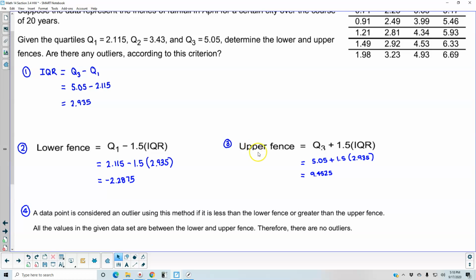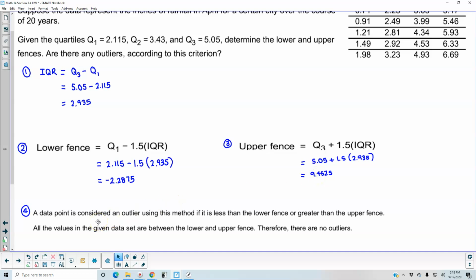For the upper fence, it's quartile 3 plus 1.5 times the interquartile range. So quartile 3 being 5.05 plus 1.5 times the interquartile range of 2.935 gives us 9.4525 for the upper fence.